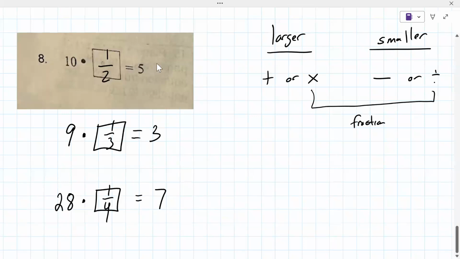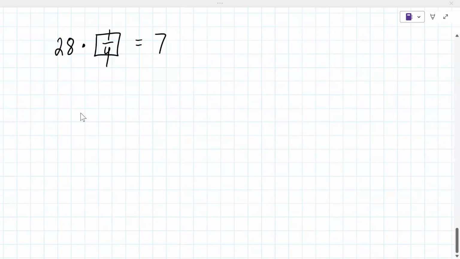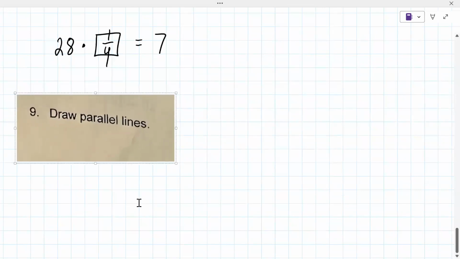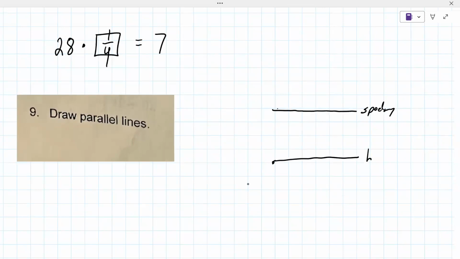Good. Okay, number 9 is totally unrelated to anything we've been doing, but if you've lived in Tucson long enough, you've been on Speedway, and then, depending on which way you look, there's Broadway. They do not intersect. If you're on Speedway, you can't get to Broadway.